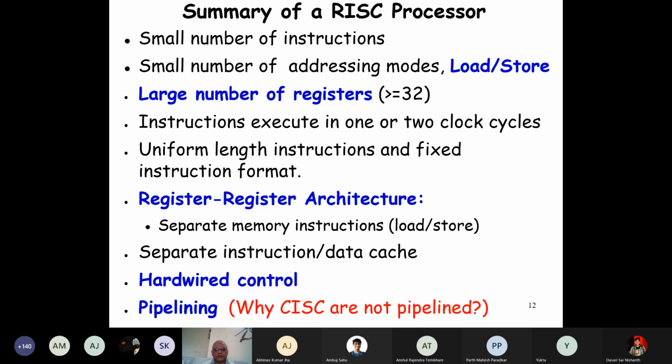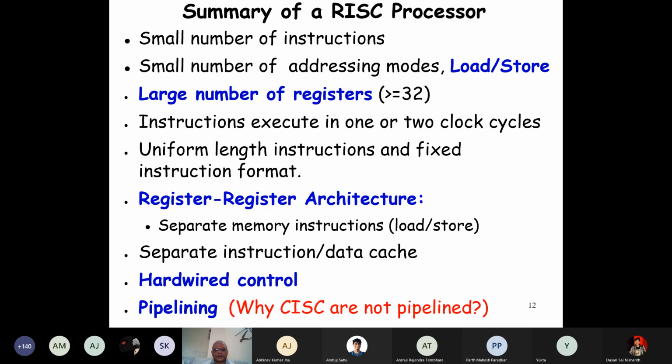The control circuit becomes much simpler than in the CISC processor, because in a CISC processor, remember, if it is a string instruction and so on, the control circuit has to generate all the signals for such a large number of operations, and that requires considerable complexity of the hardware.